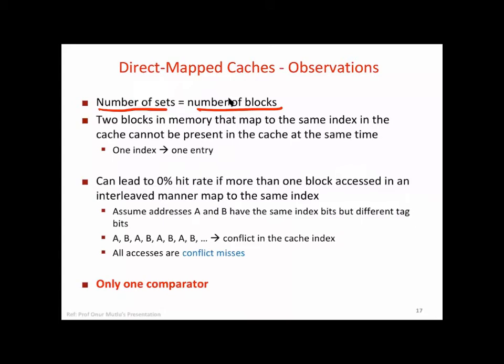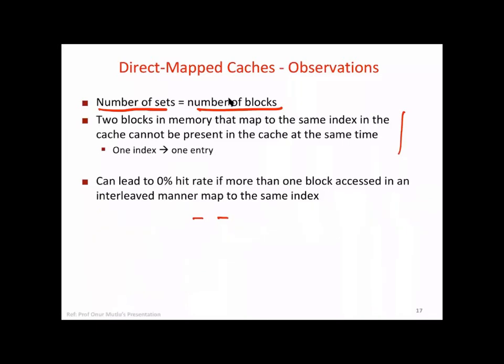This point we have discussed. If you are using just 1-to-1 mapping, these 4 are going to map to only one location. So we can also have a scenario where there is a 0% hit rate. For example, if we have 2 addresses A and B, corresponding to different blocks, but those blocks map to the same index in cache, like we have seen in the earlier case.